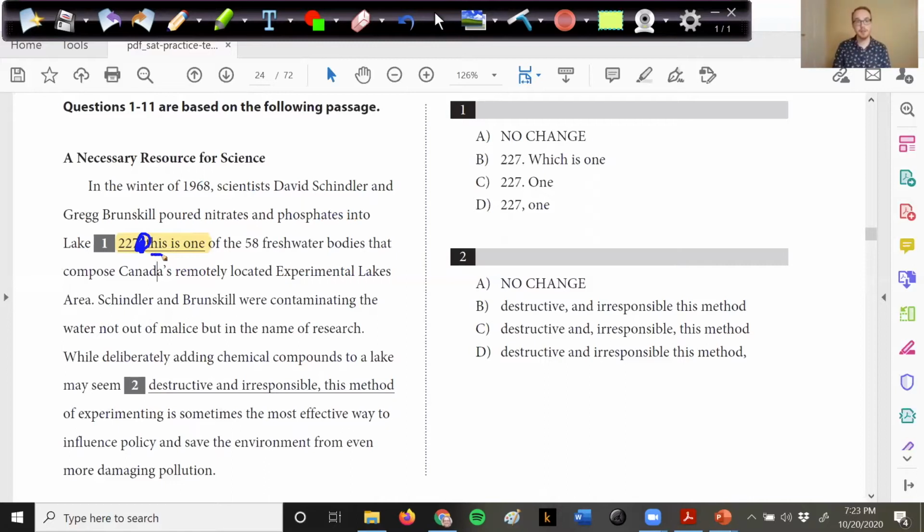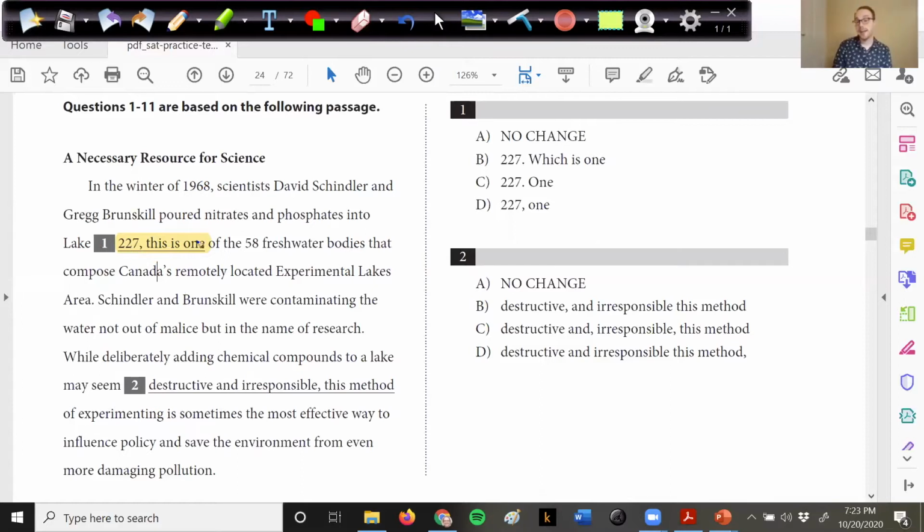We have a subject, this, we have a verb, is, and we have the direct object, one of the bodies. So we know a comma cannot support the weight of 2 complete thoughts on either side, right? So we either have to change the thoughts so that they're dependent, so that they could no longer stand on their own as its own sentence, or we have to change the comma to something else.